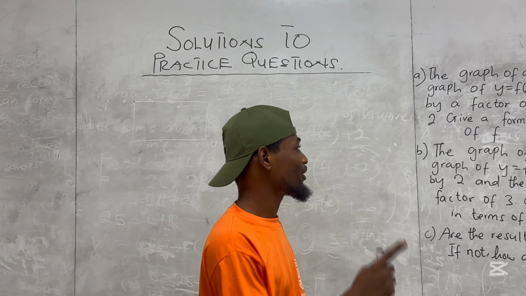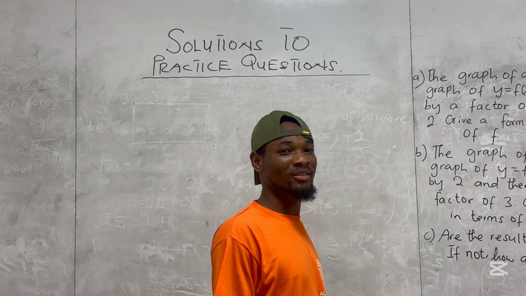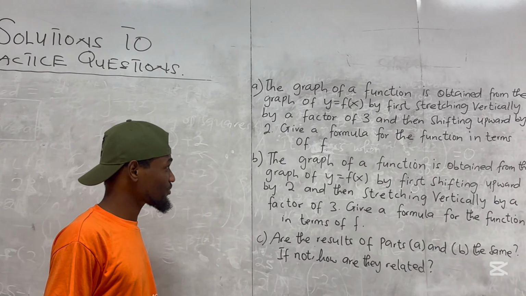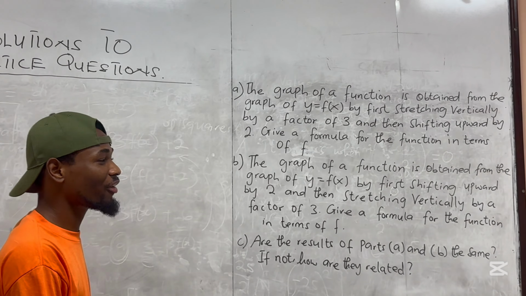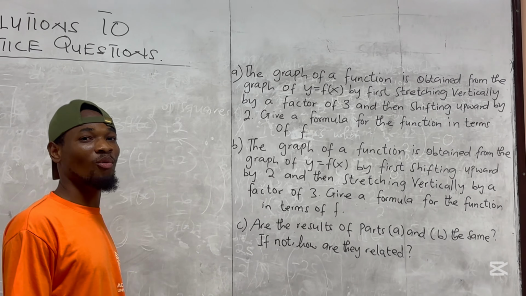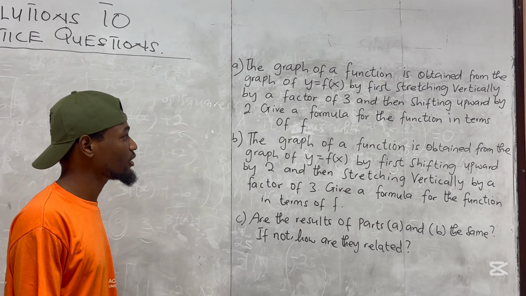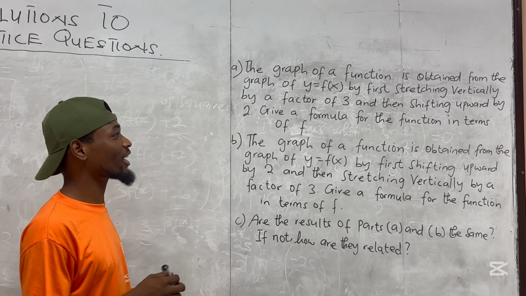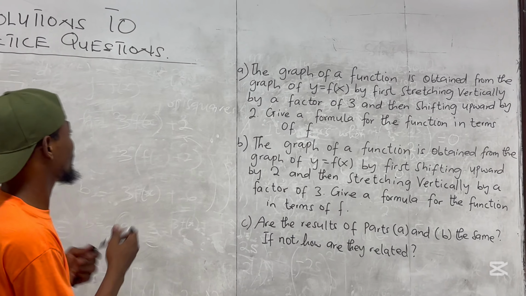All right. Now let's consider the last but one question. The graph of a function is obtained from the graph of y equals f of x by first stretching vertically by a factor of 3.